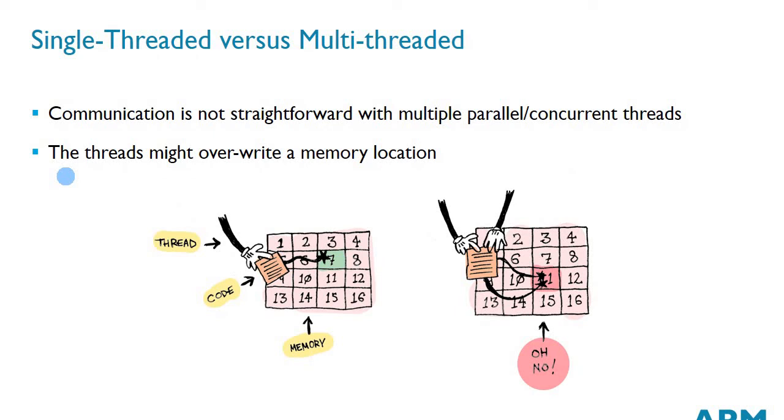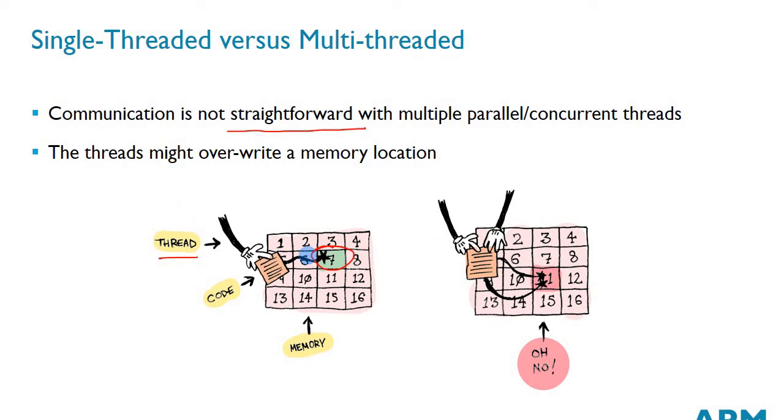When we go from single threaded to multi-threaded, things are not so straightforward, because a lot of things can happen. If you look at the picture here, what we are trying to show you is a very common issue. In a single threaded environment, only one thread is running at a time. So if I'm accessing some memory location, I can complete that memory access, and then the next code or the next thread can run, and then the memory access can be done again.